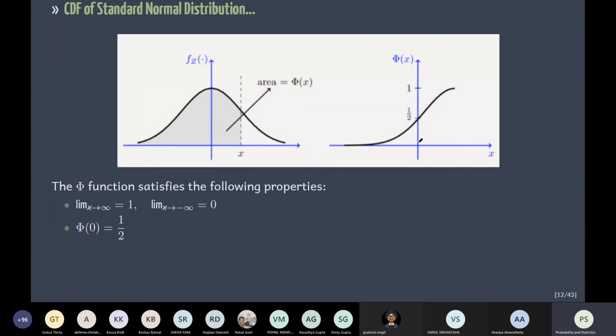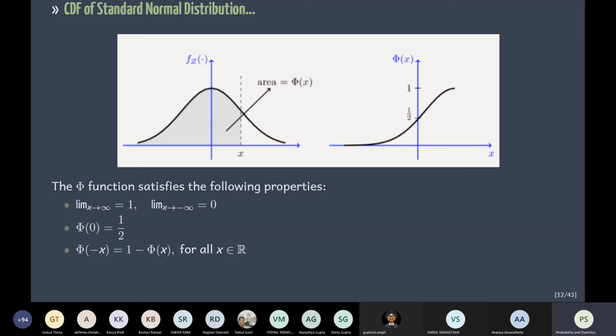At 0, it should achieve only half of the area value. The total area should be 1, and because it's symmetrical, up to this point you have covered half of the area. So naturally at x equals 0, the area that you compute must be half. And phi of minus x must be equal to 1 minus phi of x.